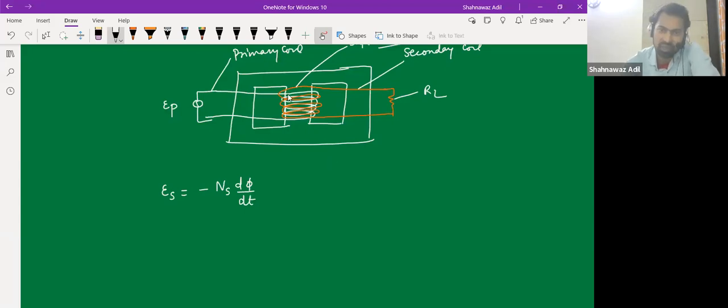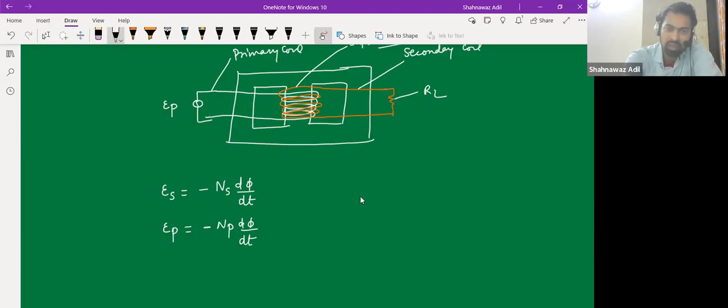Similarly, the same flux is changing, so due to mutual induction this will also create an EMF, EP, equal to NP d phi by dt, right?